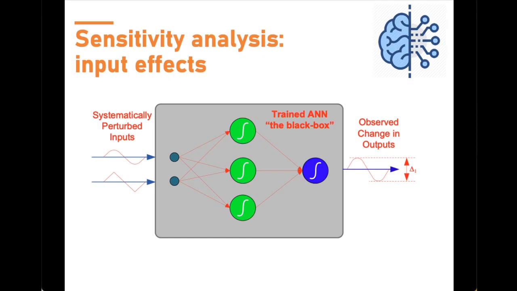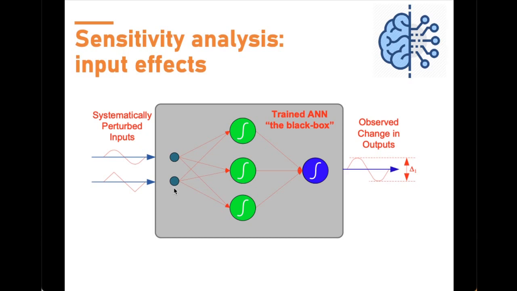This method involves systematically varying the inputs of the neural network while observing the corresponding changes in the outputs when we do that. This process is repeated for each input in the neural network.